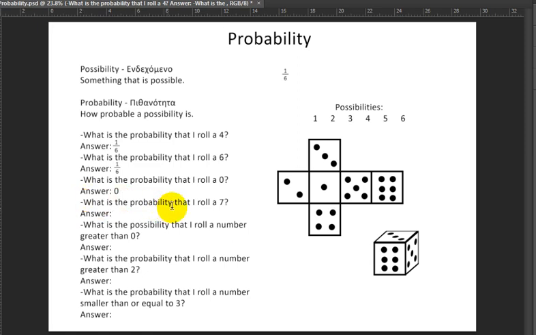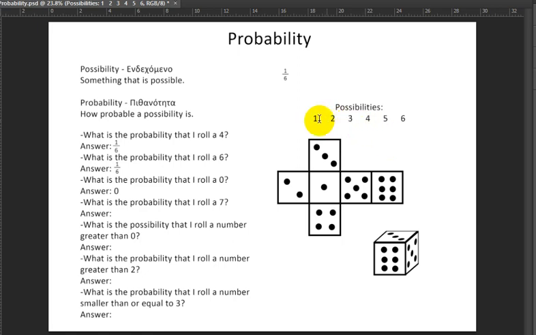Now careful, because you might get confused by a question like this, which asks, what is the probability that I roll a 7? You might think, oh, well, that's more than 6, so my answer here is going to be 1, right? Because that's the other side of the range. Well, no. Because again, what is this asking basically? How many are the possibilities where I roll a 7?